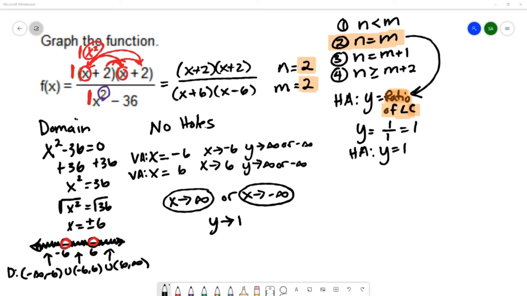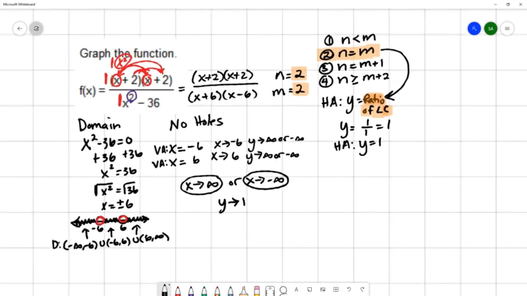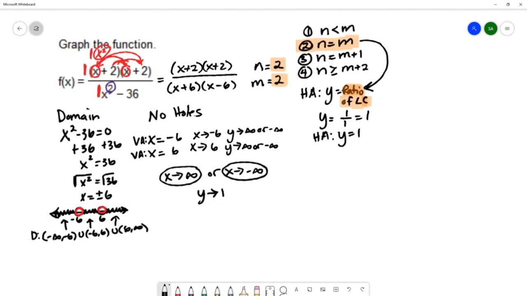The next thing that's important to know is if the graph ever crosses the horizontal asymptote. So in order to figure out if the graph crosses the horizontal asymptote, we're going to create the equation where the function or the graph equals the horizontal asymptote.